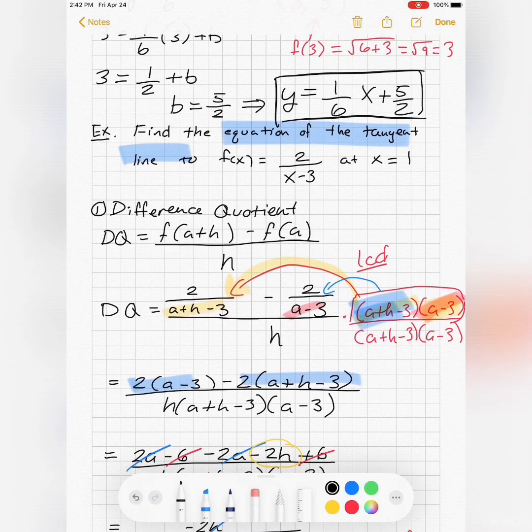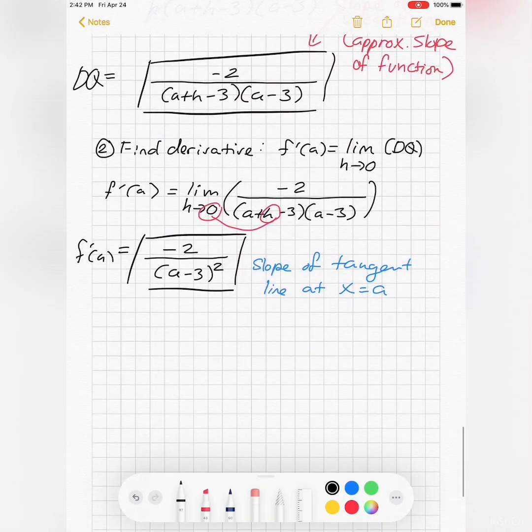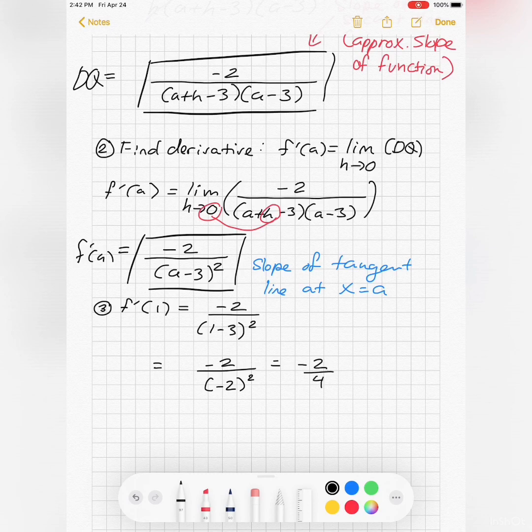So now I'm going to plug in the x value of interest. Let's see what the x value of interest was. It was x equals 1. So for step 3, I'm going to say, what is f prime of 1? That's negative 2 over 1 minus 3 squared, which is negative a half.